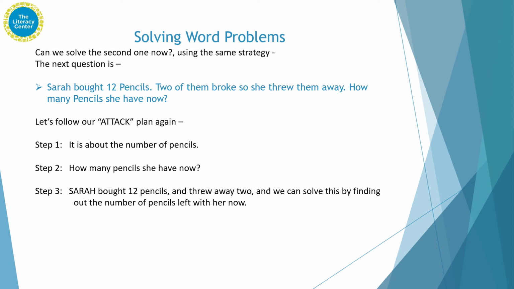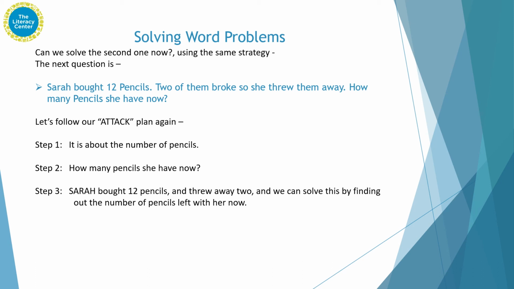So, when you reread the question one more time, you will be able to say, Sarah brought 12 pencils and threw away 2. And we can solve this problem by finding out the number of pencils left with her now, right?